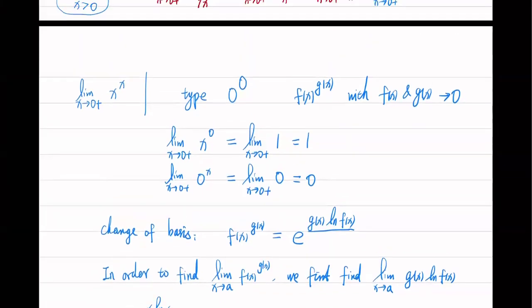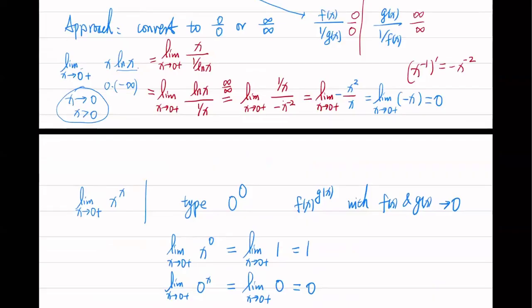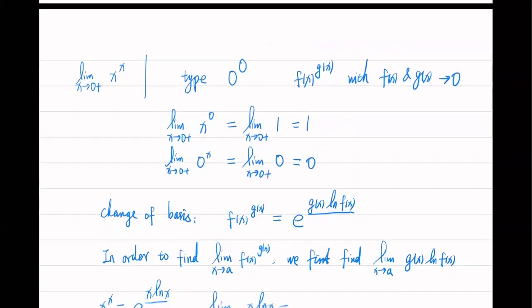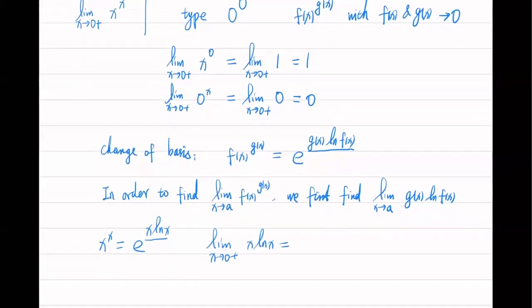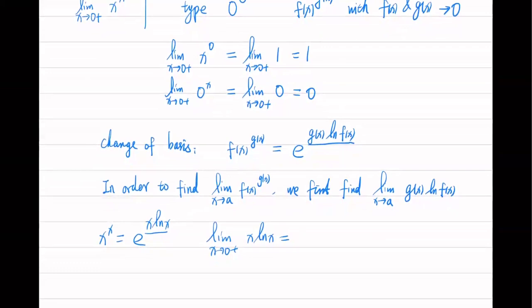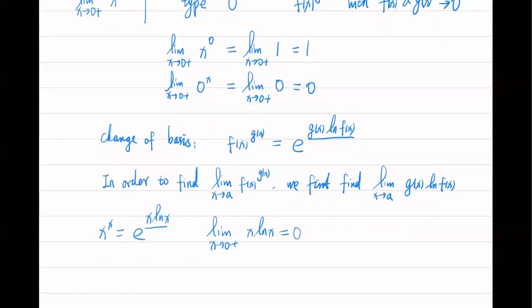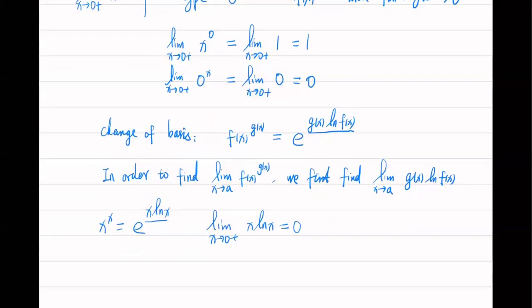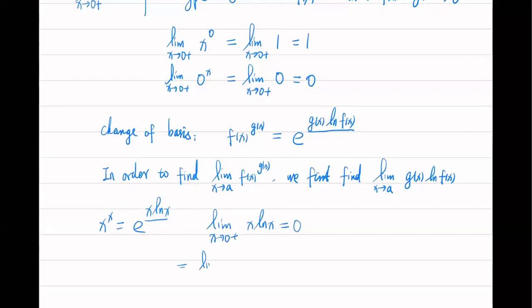We just found over there, 0. Now, what's this limit? Nice. x goes to 0 from the positive side. This will be the limit of e to the x log x, with x going to 0. Now we can see this limit is 1.